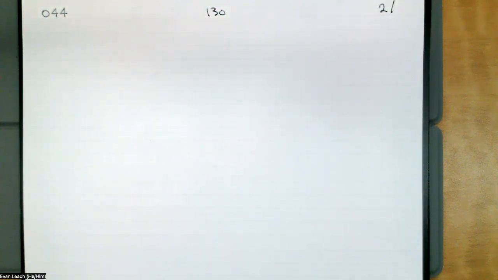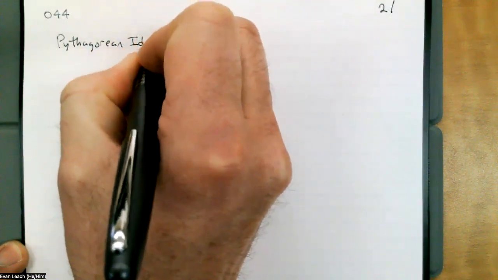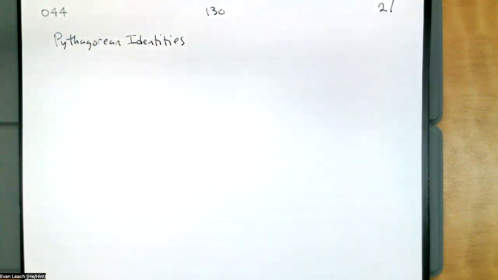Now we're going to get into our super important identities. There are 9 Pythagorean identities, but you only need to know one of them.